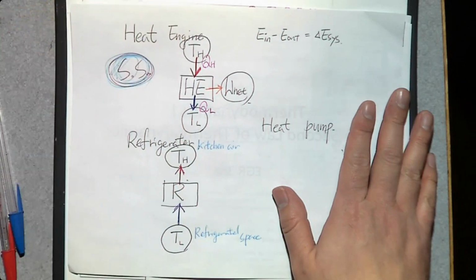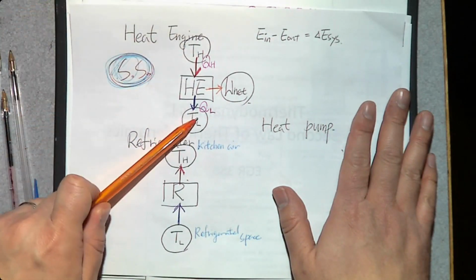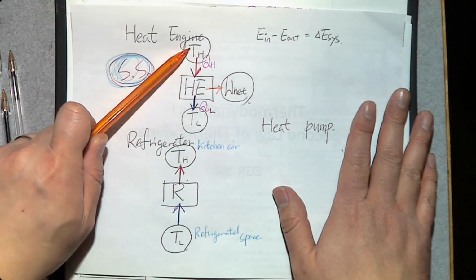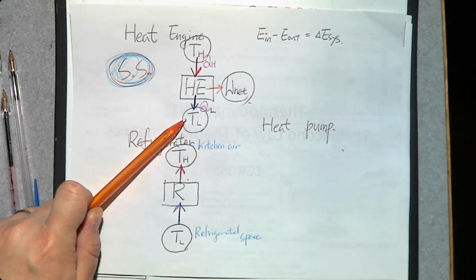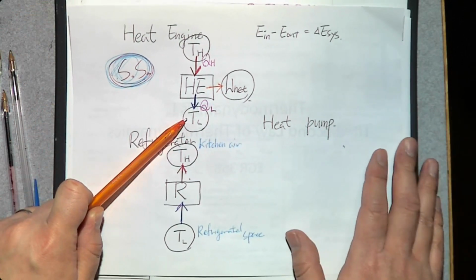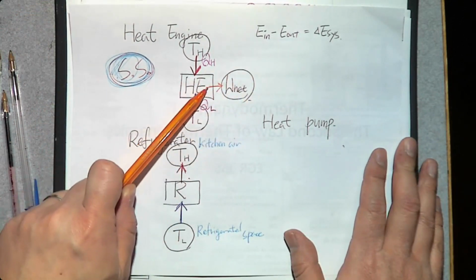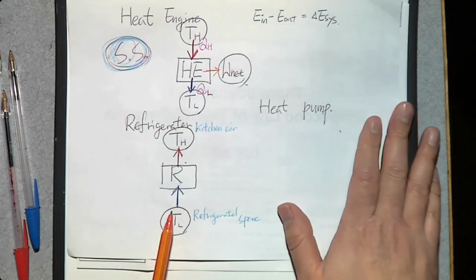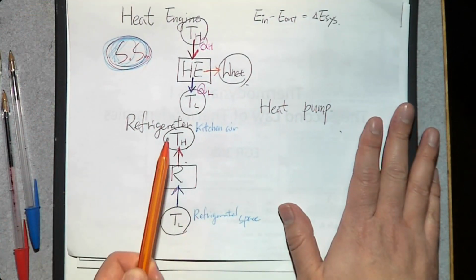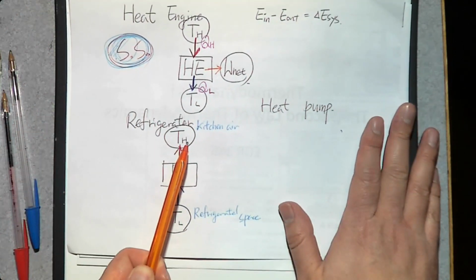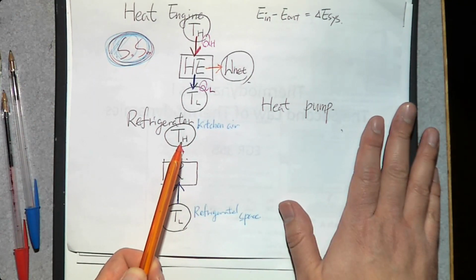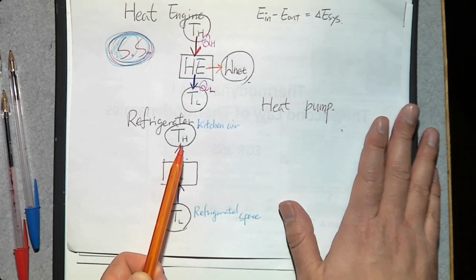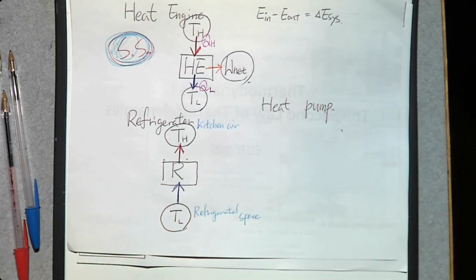So if you look at the heat transfer direction from top to the bottom, it is from high temperature to low temperature, which is reasonable, which is not against the second law of thermodynamics, so we can produce work. But what about here? Heat transfers from low temperature to high temperature, which is uncommon, which is against the second law of thermodynamics. So it doesn't happen naturally.